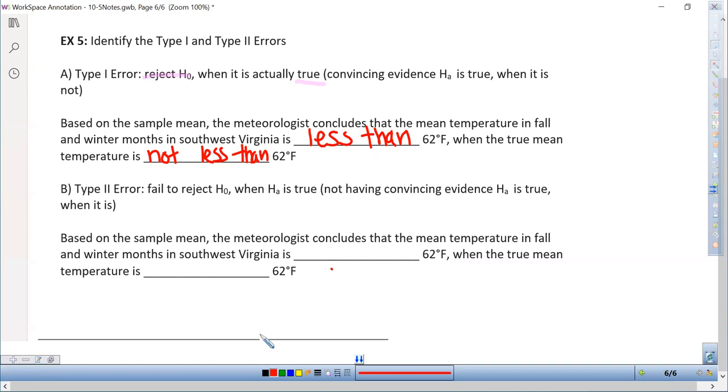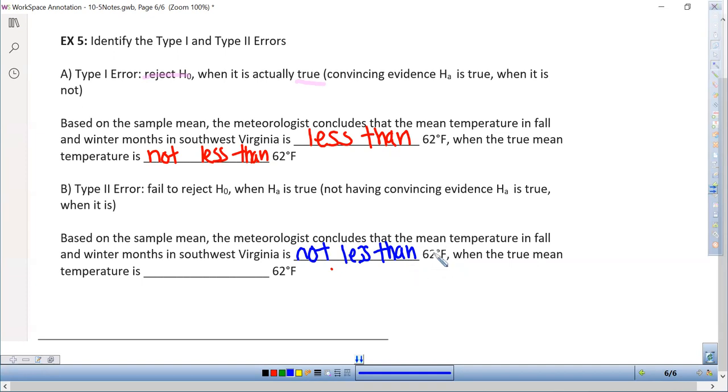Okay. A type 2 error is the opposite. I fail to reject the null hypothesis when I shouldn't have. So based on the sample mean, the meteorologist concludes that a mean temperature in fall and winter months in Virginia is not less than 62 degrees Fahrenheit. So I'm not rejecting my null.